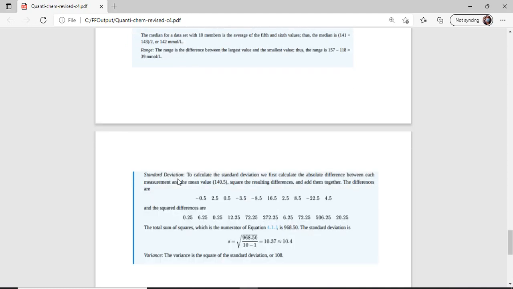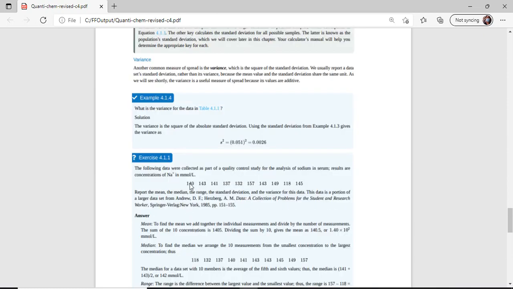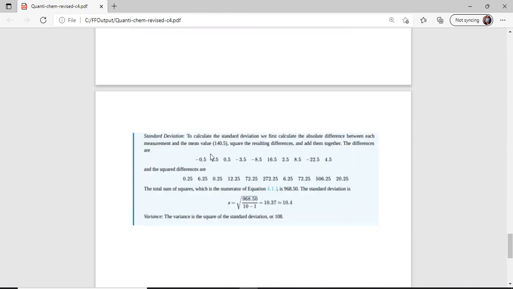For standard deviation, you calculate directly: every value minus your mean, which is 140.5. Then you square the differences.